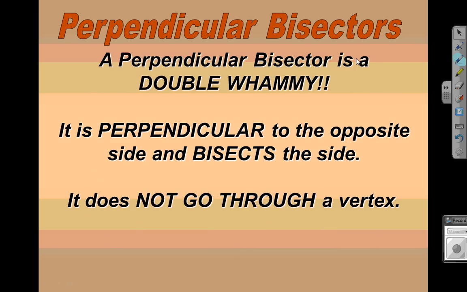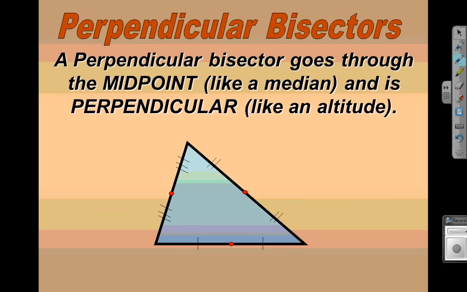Now, we have the perpendicular bisector. It's a double whammy. It is perpendicular to the opposite side and it bisects the side. It does not go through a vertex. Our other 3 examples have gone through the vertex. So we have to find the midpoint, like a median, and we draw a line perpendicular.